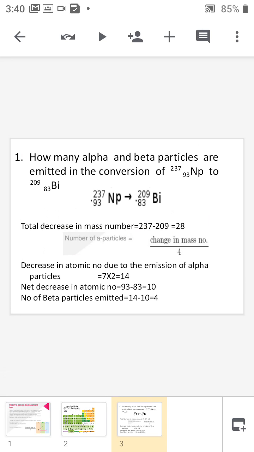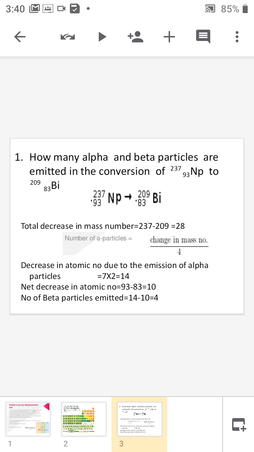So we have to find the difference between the decrease after the 7 alpha particle emission, that is 14, and the actual difference shown by the question, that is 10. So 14 minus 10 is equal to 4. So the total number of beta particles emitted is 4.